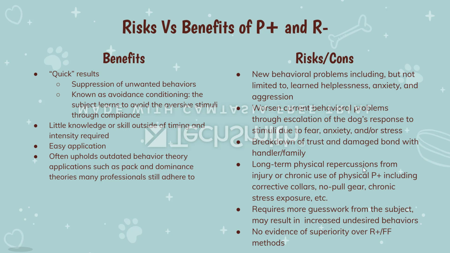And the reason is because we're working in quadrants that are utilizing aversive stimuli almost completely exclusively in those quadrants when we're doing behavior suppression. This is also known as avoidance conditioning, so the subject learns to avoid the aversive stimuli through compliance. Basically they're being taught what not to do rather than what to do instead. That's more appropriate.